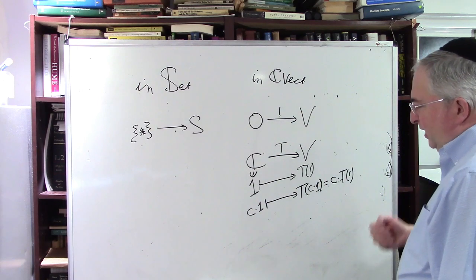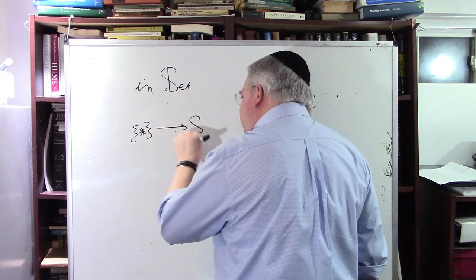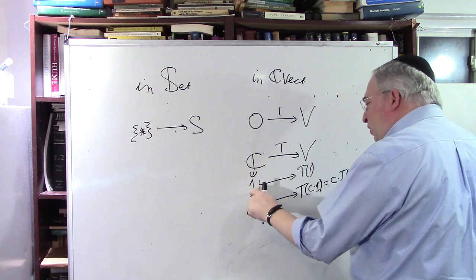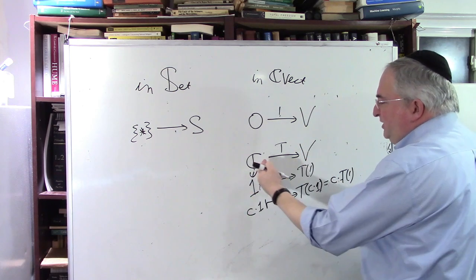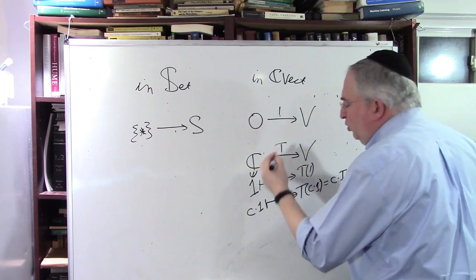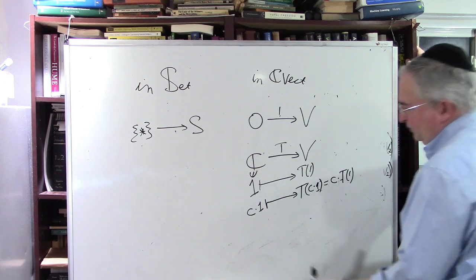Okay? But in fact, it's not like this one element picks out one element here. Yes, the 1 goes to some element, it can go to any element, but this map doesn't pick out one element, it picks out a whole array of elements. Okay? So the idea is as follows.